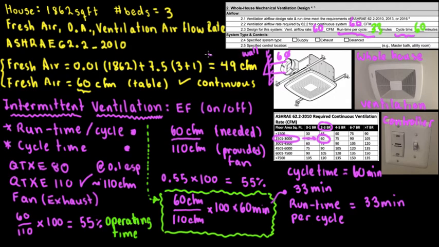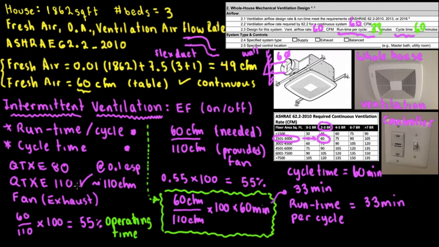Sometimes you have to make some bends like this, another bend like that, and sometimes this flex duct is not a straight flex duct. Whenever you don't have a straight duct, you create more friction, you create more resistance. When you have more resistance, your fan is not going to provide 110, it's going to provide less.